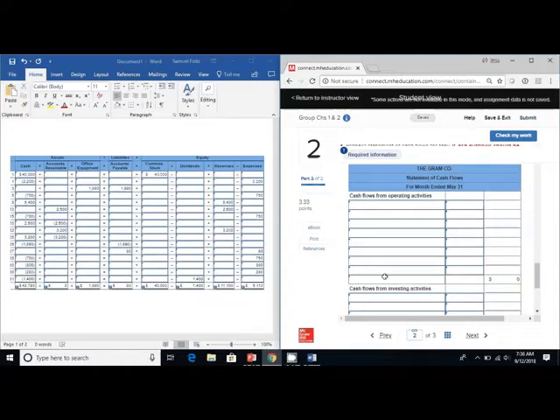This first part talks about cash flows from operating activities. That's any cash flow that affects net income. Any movement of cash that affects net income. Well, if I were looking at this chart over here, do I know of cash that affected net income? And the answer is absolutely, because if I have a cash in that is a result of revenue, right?